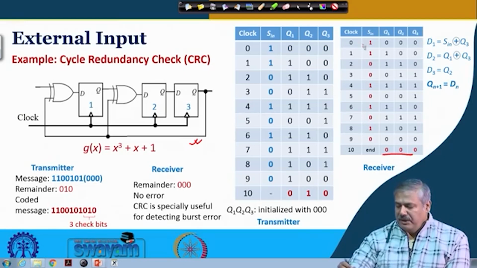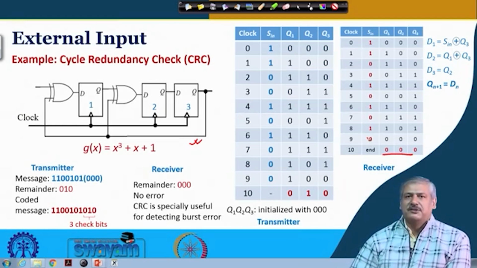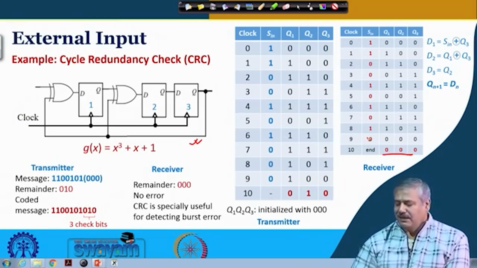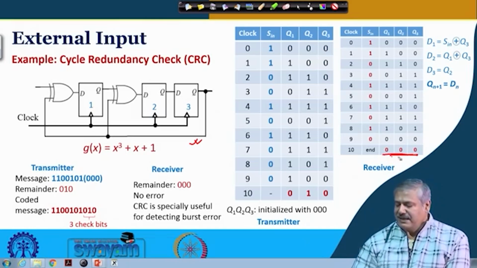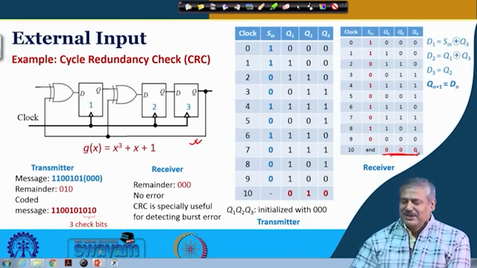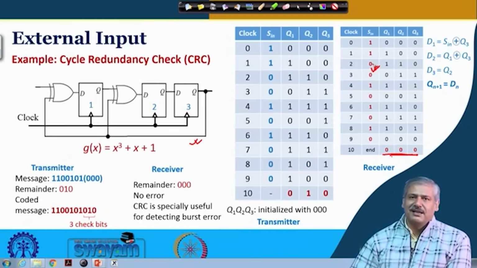If every bit is appropriately received, with no error, then the remainder will become 0 0 0. If the remainder is anything other than 0 0 0, then that means there is an error in the incoming stream.